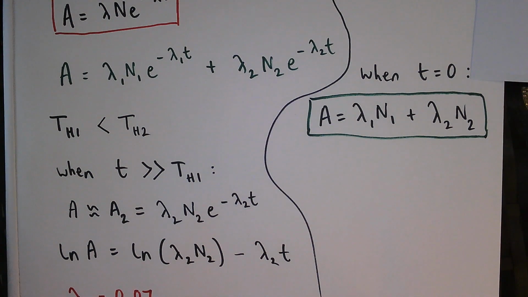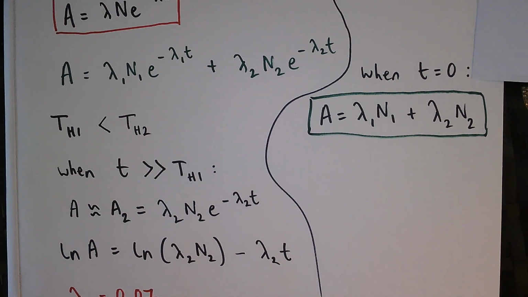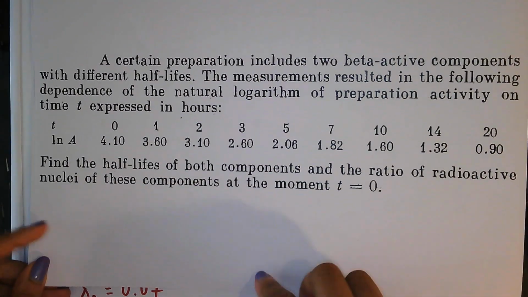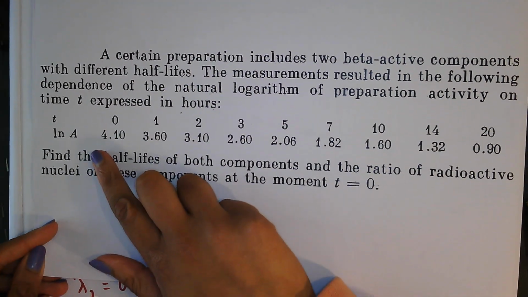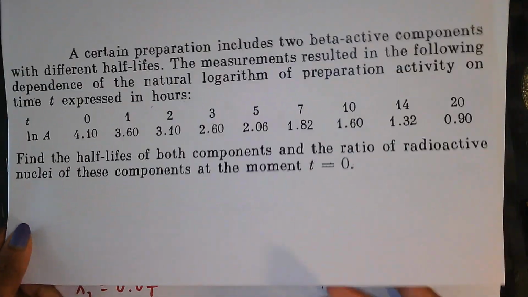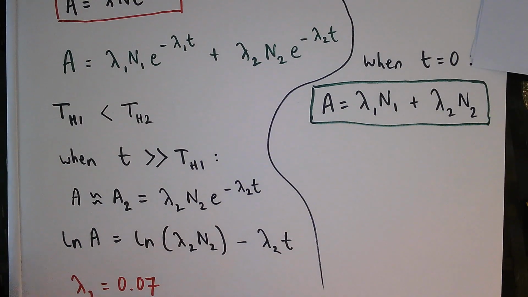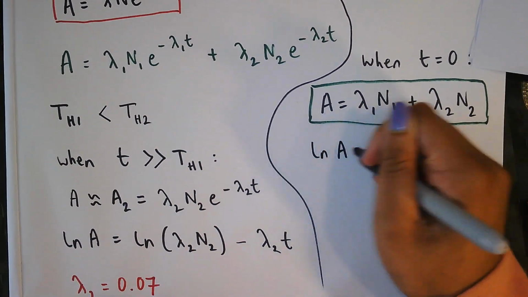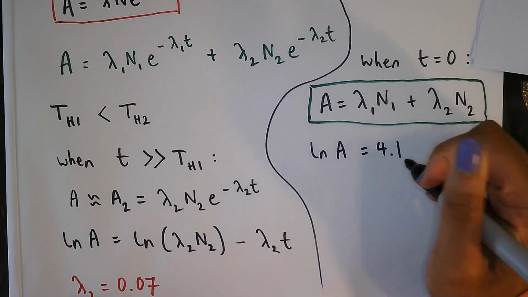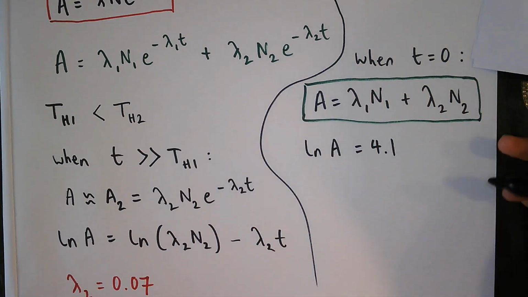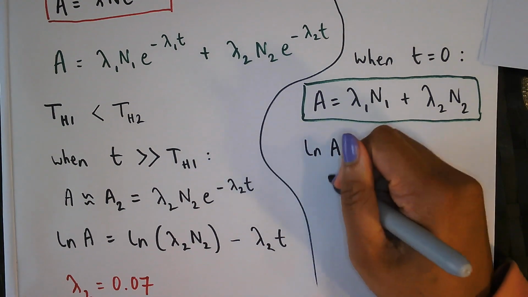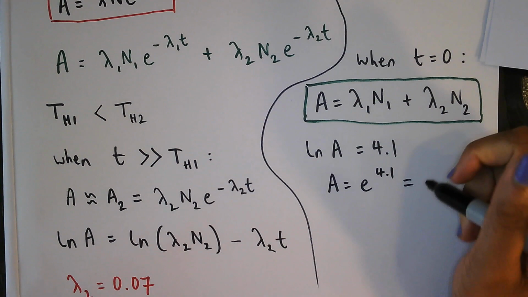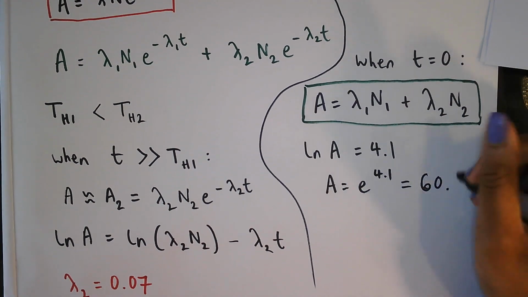We also know from the data given in the table that when t equals 0, the value of ln A was 4.1. So we know that ln A is equal to 4.1, and so we can work out the value of A, the activity, when t equals 0. So A is equal to e to the power 4.1, which is 60.34.